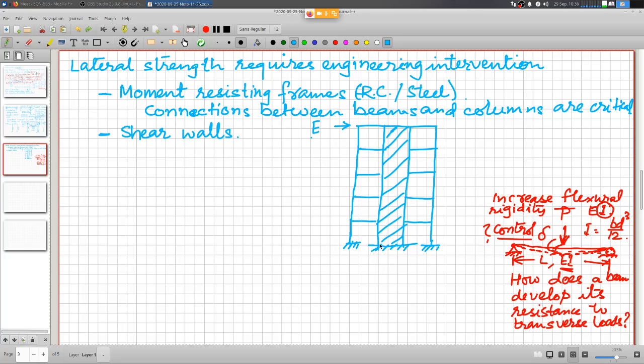So the critical point is it has to start from the foundation level itself. For a shear wall to be effective, it has to start right from the foundation level. And it is not really a good idea if the location is such that part of the foundation is on rock and part of the foundation is on soil; that is something to be avoided.